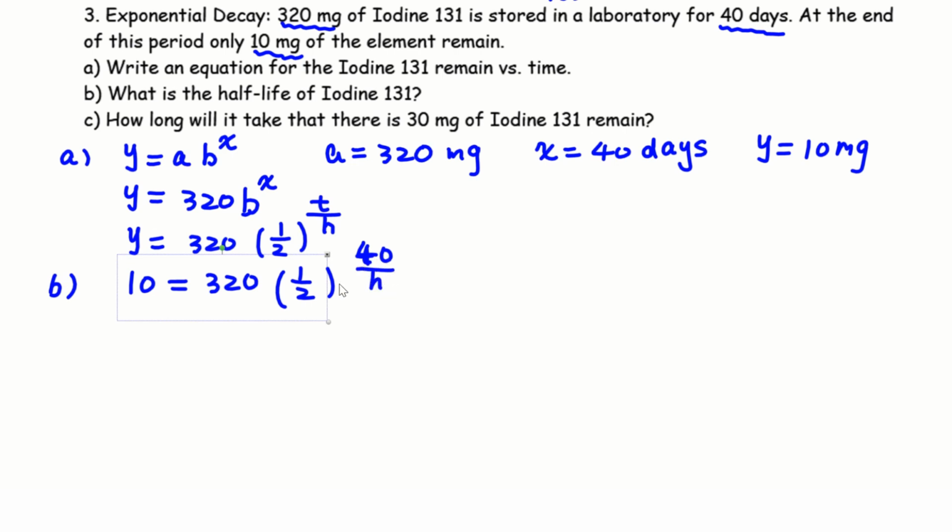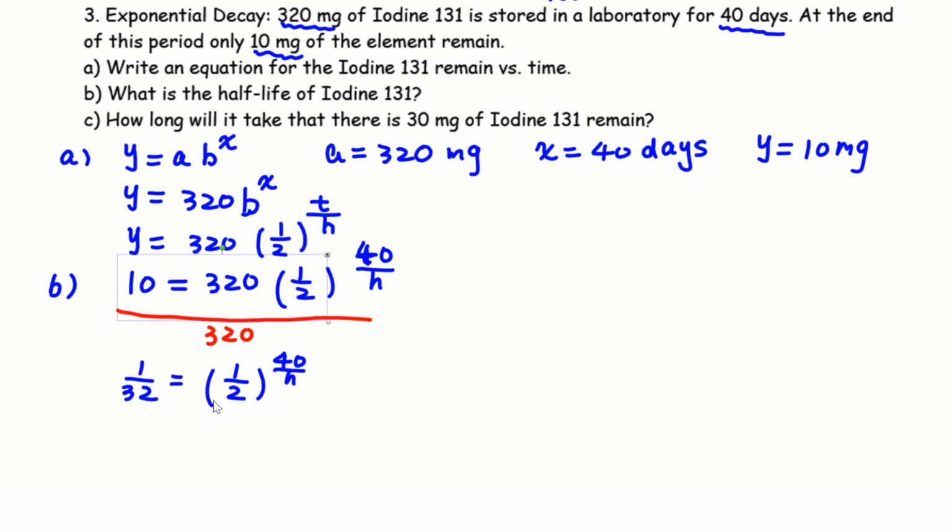This is an exponential equation. So we bring 320 to the other side. Then both sides need the opposite operation, which is division. So we are going to have 1/32 equals 1/2 to the exponent 40 over H.